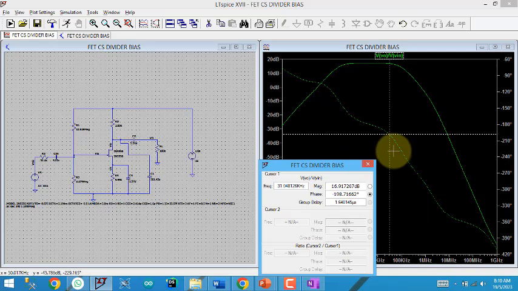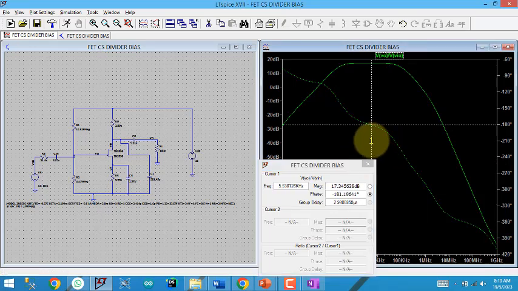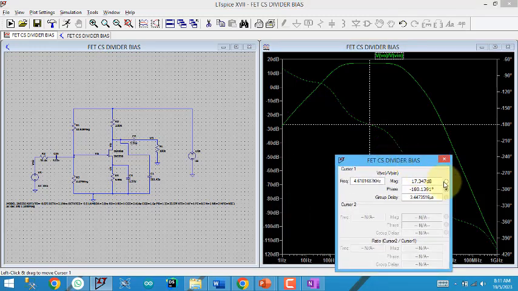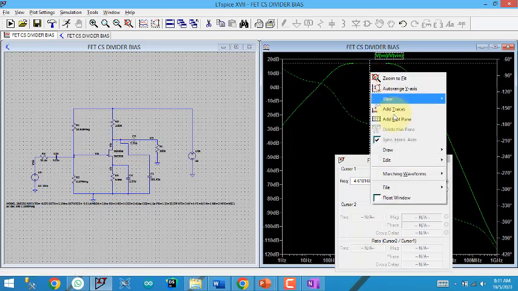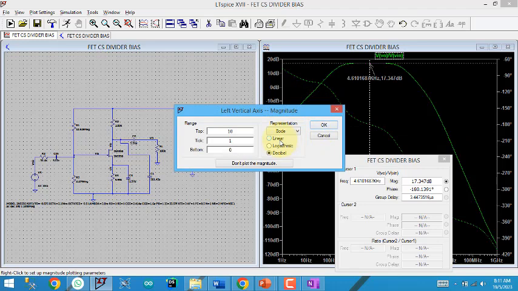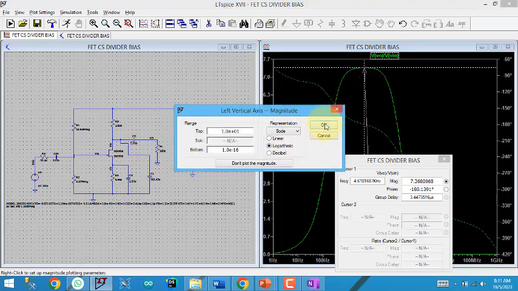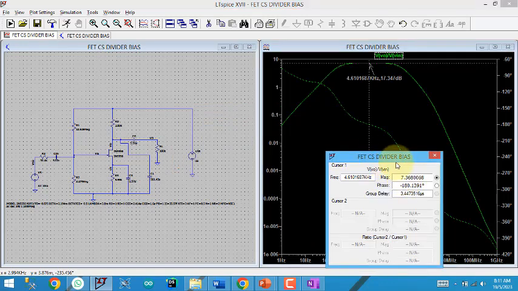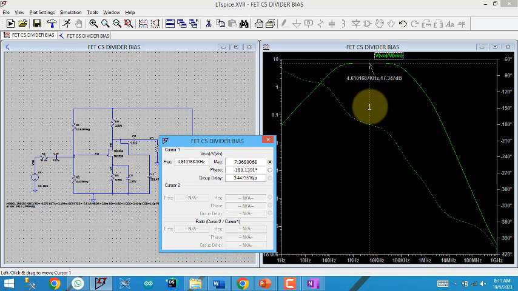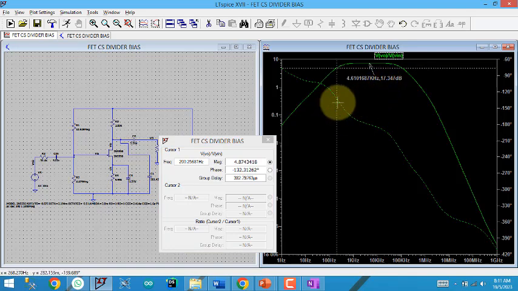We set the phase, and we bring this to 180. Then press this, and we will get the gain. We get 7.36 dB. So we subtract 3, and we get 4.3.